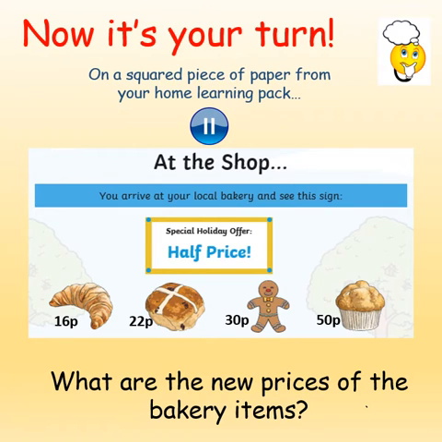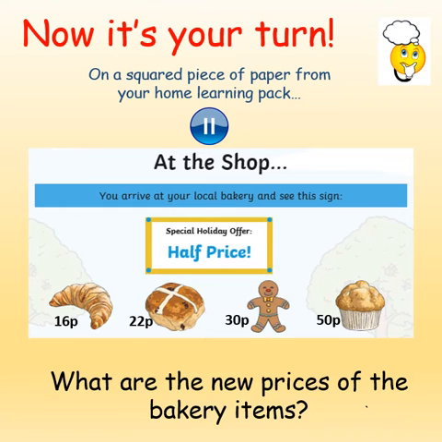Okay, a challenge. You arrive at your local bakery and you see a sign that says special offer, half price. So there's some croissants, hot cross bun, gingerbread man and a muffin. Okay, and they are priced at 16p for the croissant, 22p for the hot cross bun, 30p for the gingerbread man, and 50p for the muffin.